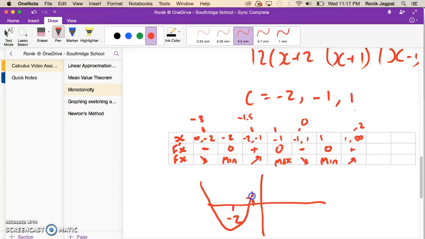So essentially, we're going to come back down like that. And at 1, we know it's a minimum because we got a negative before it, and from 1 to infinity, I use 2 here, and I got a positive number. So we know that at 1, we're having another minimum.